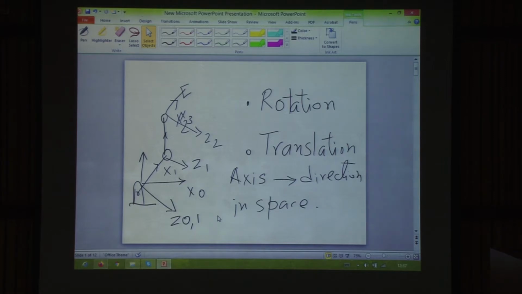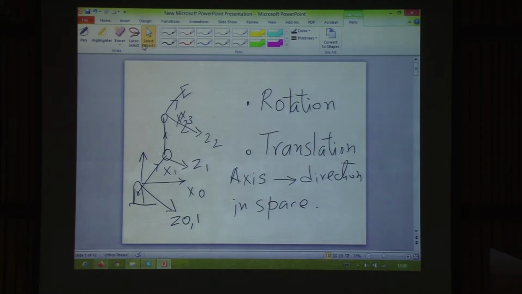So what we need to know is the relation between the position and orientation of the last end effector with respect to the base of the robot, right.